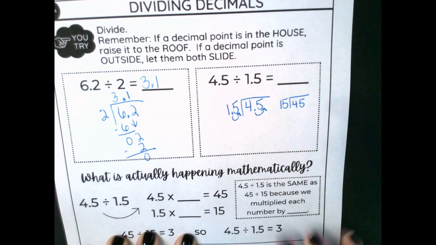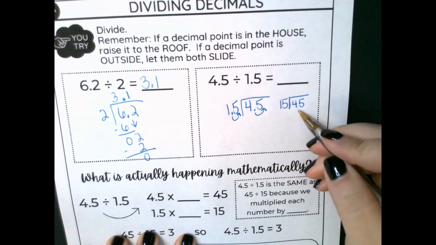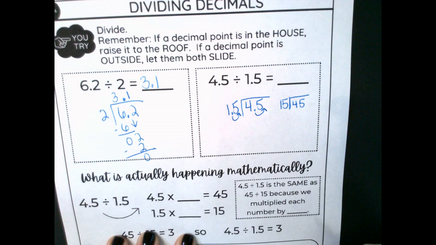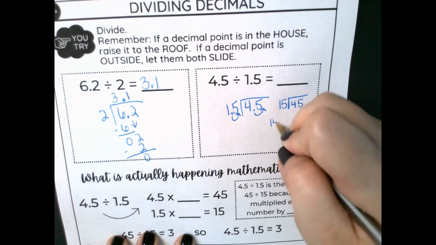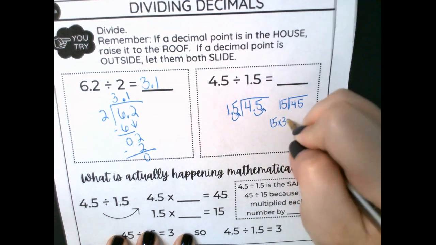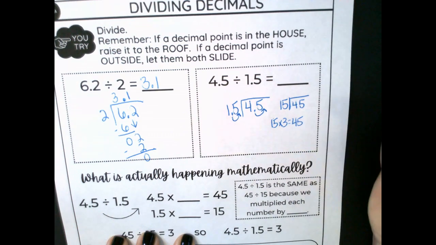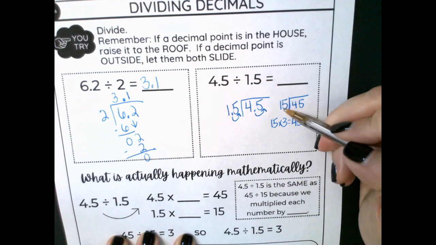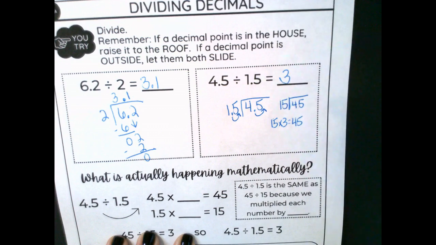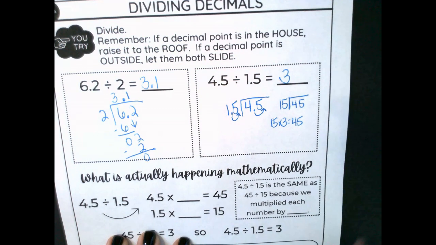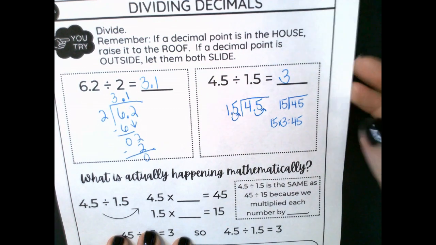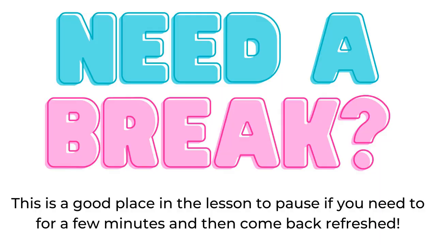Now we have 45 divided by 15. We know that 15 times 3 equals 45, so 45 divided by 15 equals 3. Pat on the back if you got that one correct.